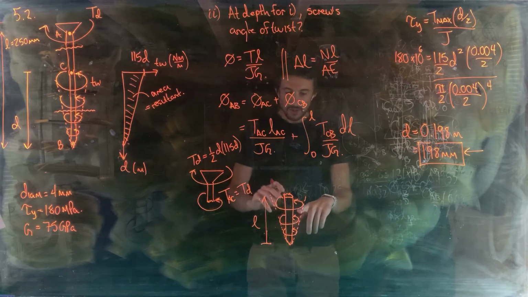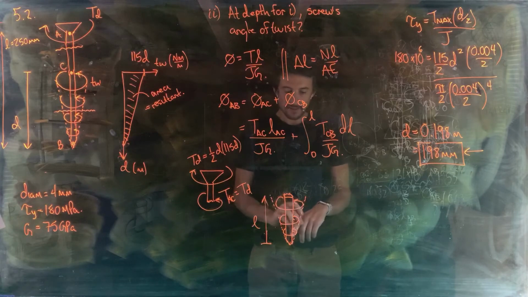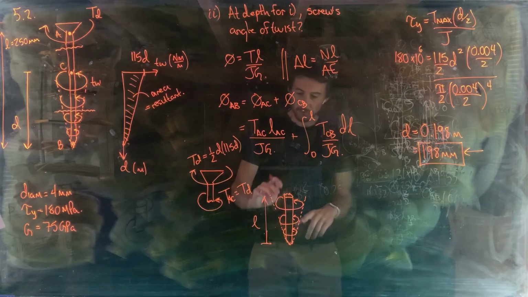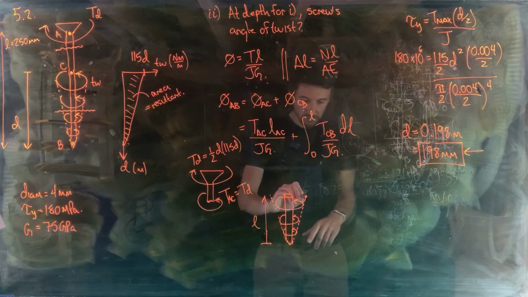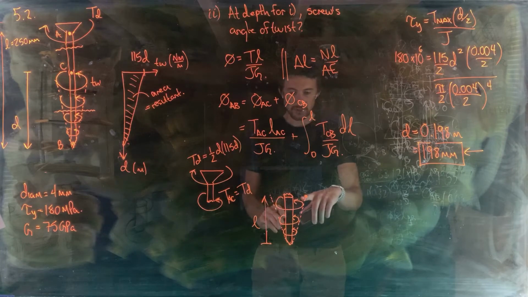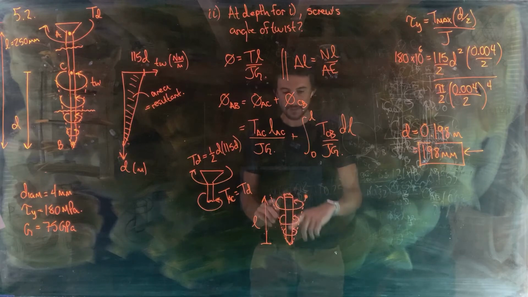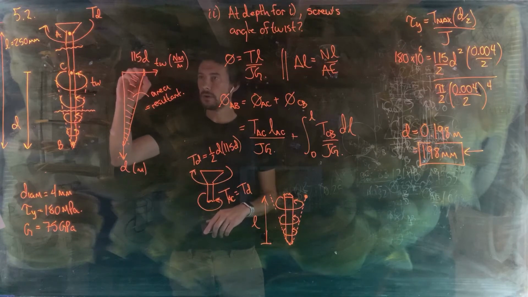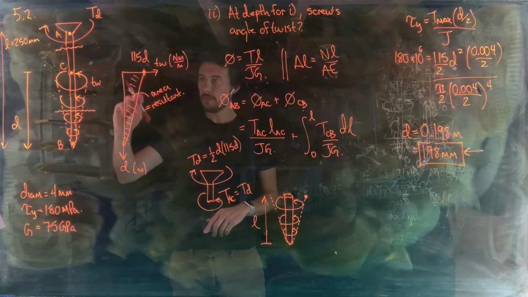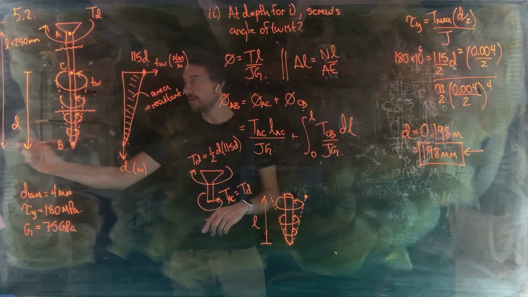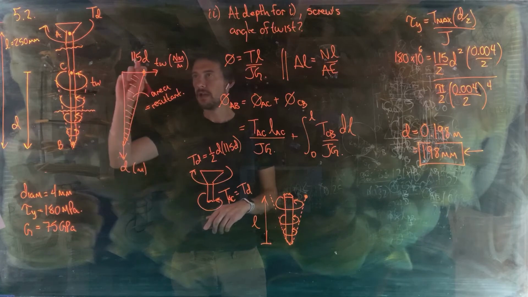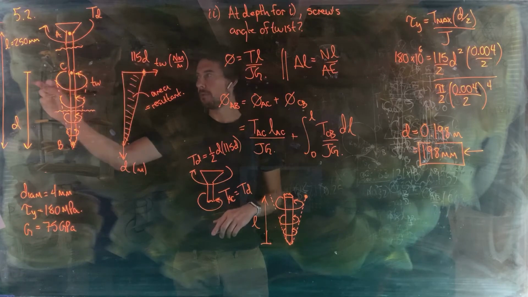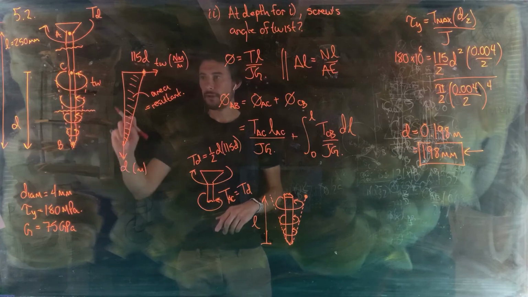Okay, so counteracting this distributed torque here, first of all, what's the value of the distributed torque at the top section here? Well, we know that the value of any point on this line depends on what the depth is, and its value is simply given by 115 multiplied by depth.